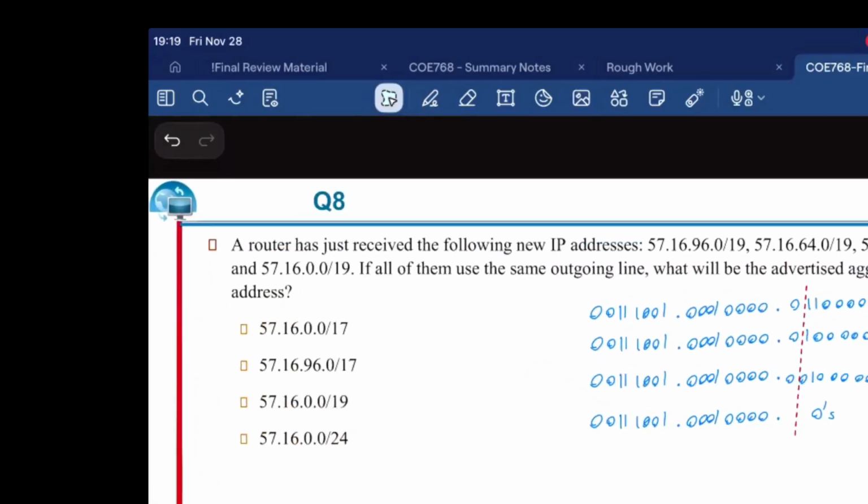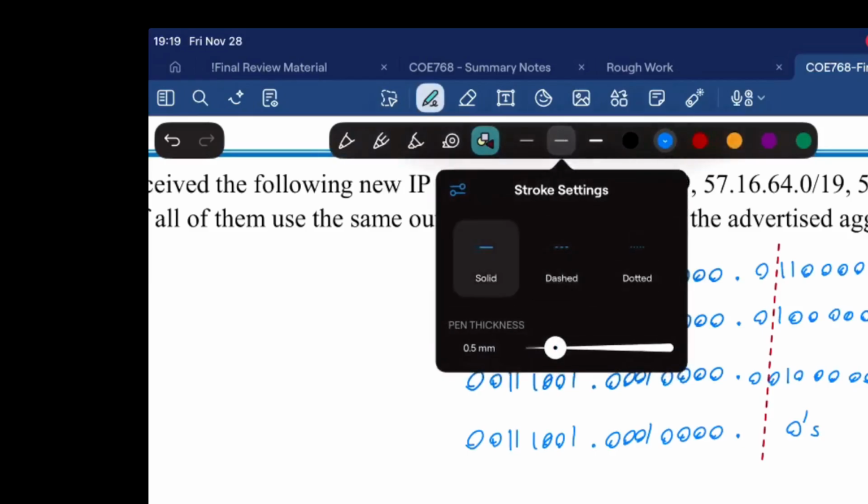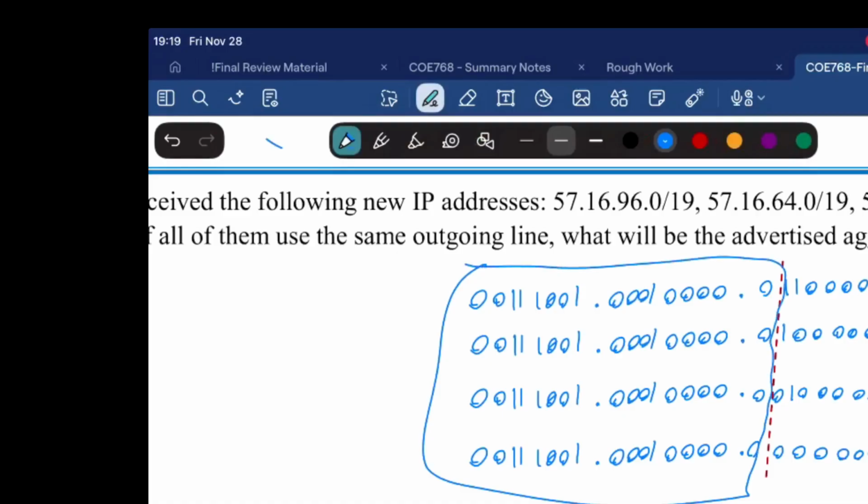Which bits are common between all four of these networks that were assigned? What you do is find however many of these bits follow the same initial network structure, and draw that dashed line.